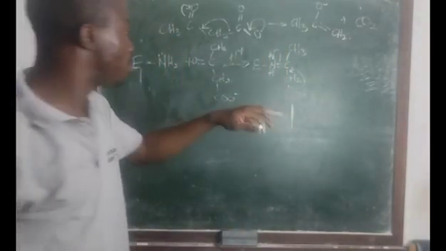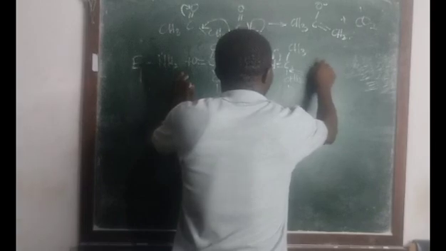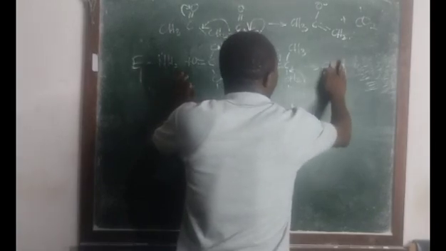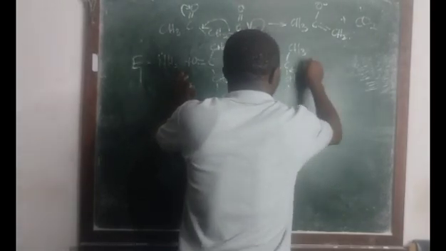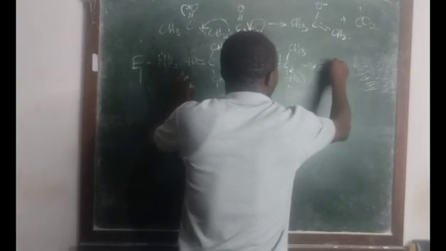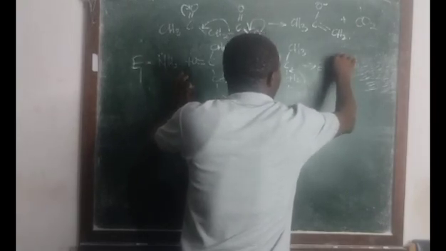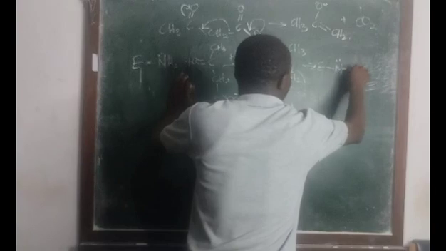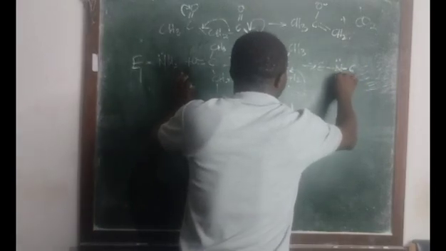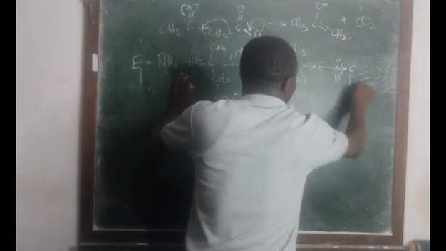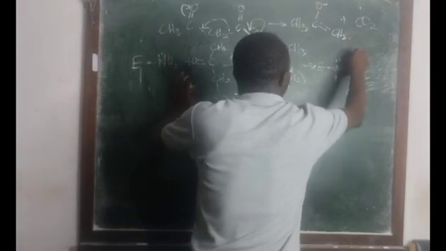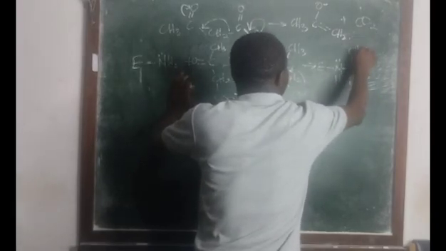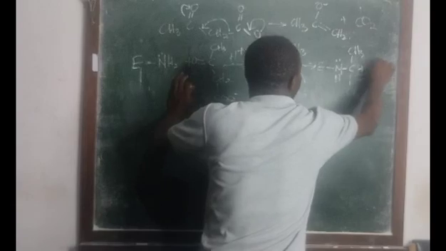What will my intermediate be now? That will be E, and I will have dash N dot dot, and I will have C, H, CH2, CH3, together with CO2.